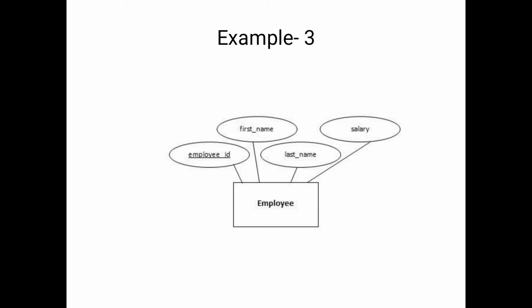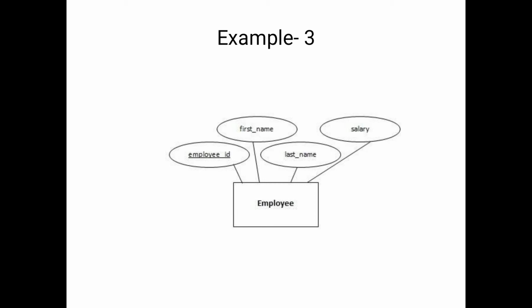What is the meaning of underline here? Key attribute. So here employee ID is the key attribute. Why do we give the preference to the employee ID? Because suppose we consider the first names of employees, or one classroom with 60 students.